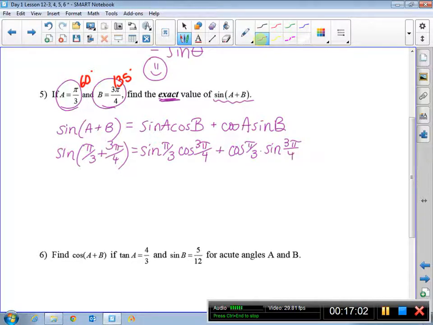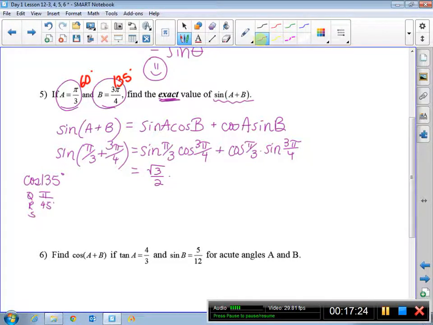and now we evaluate. The sine of pi over 3, the sine of 60, that's from our chart. The cosine of 135: quadrant 2, reference angle of 45. So these are the 45s.